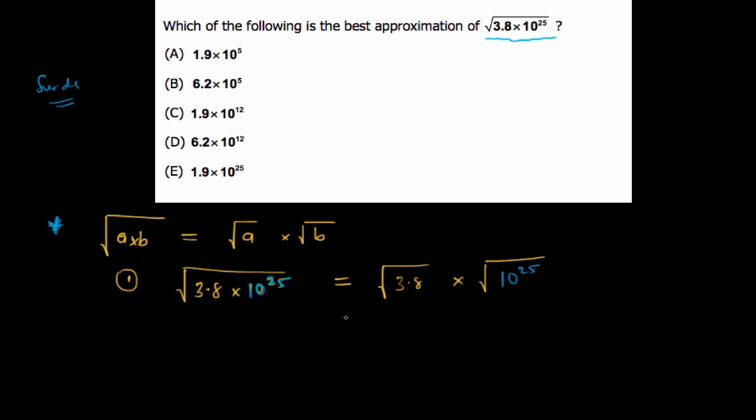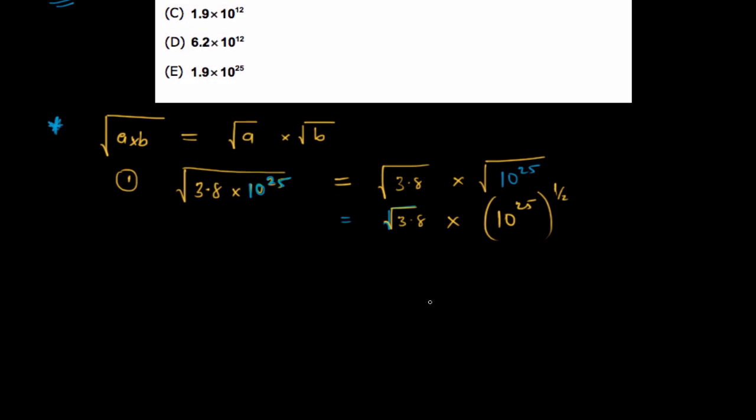This is equal to the root of 3.8 times 10 to the power 25, raised to the power half, since you have a root sign here. So this is equal to the root of 3.8 times 10 to the power 25 over 2.